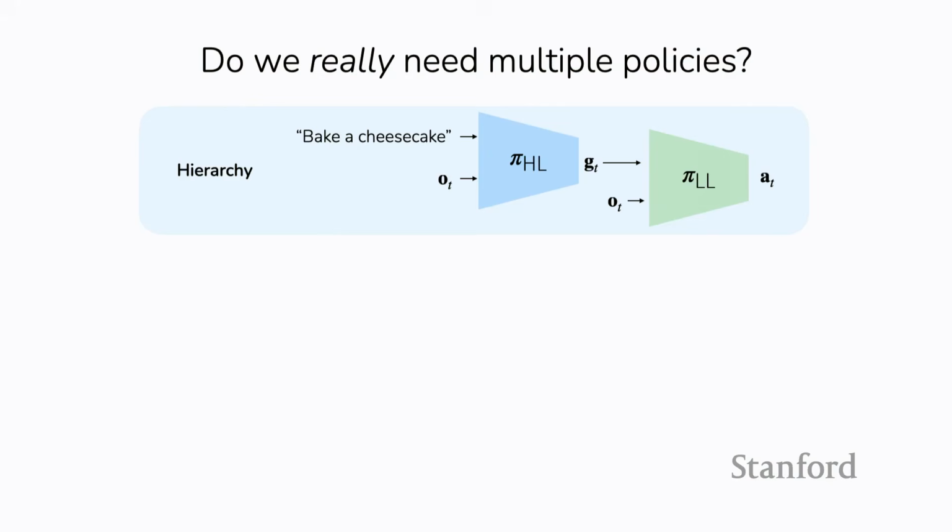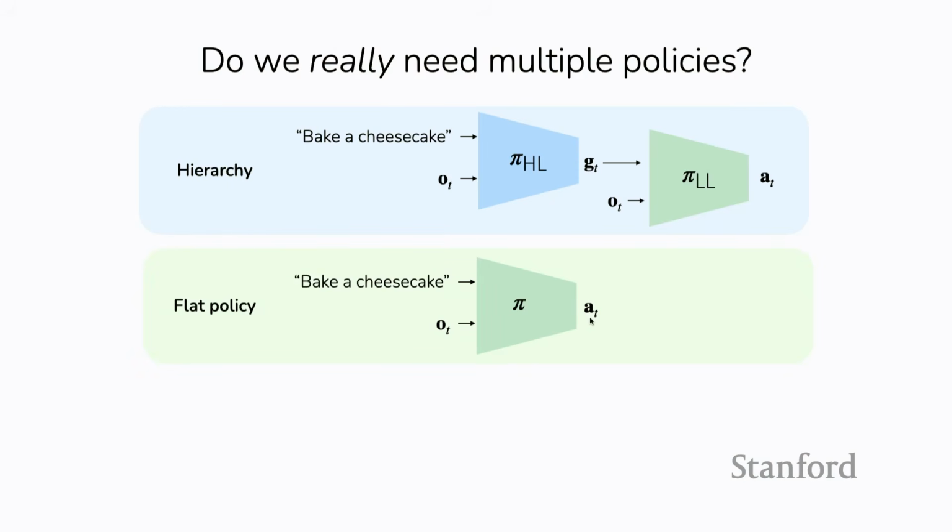Now, there's also a question of whether or not we actually need multiple policies in order to get some of these benefits. On the last slide, we talked about the benefits of what you might get with a hierarchical approach versus what's called a flat policy with no hierarchy, which is the typical approach: pass in the long horizon task and the state and predict the action.